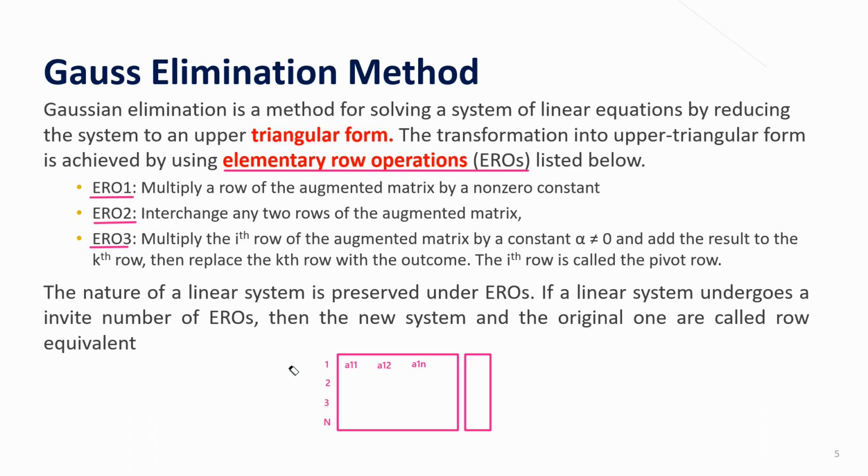Another one we call ERO2, in which you can interchange any two rows in the augmented matrix. For example, I want to interchange this row, A31, A32, and then A3n.